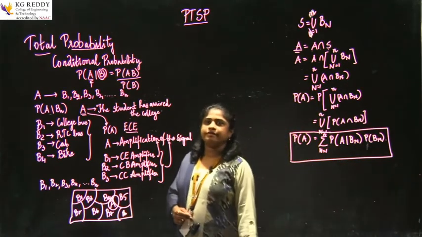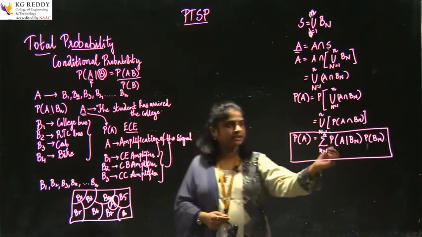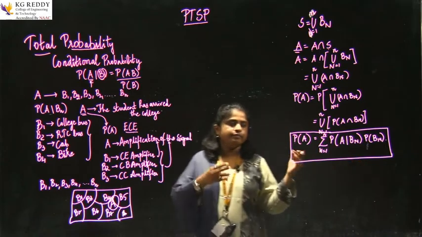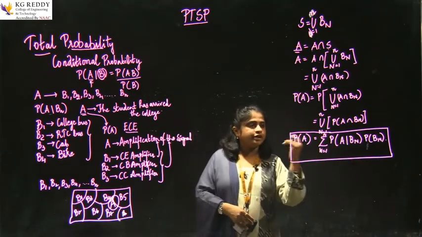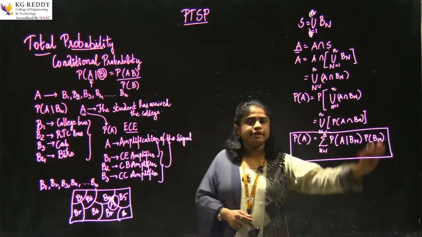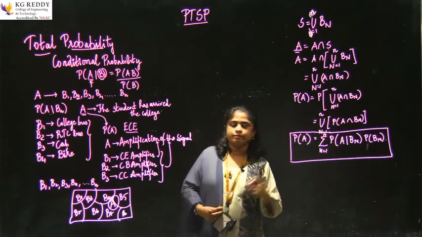Like this we define the total probability. That means A is related to n events of B, so we have to find the total probability in that case. That is the reason we find the total probability.